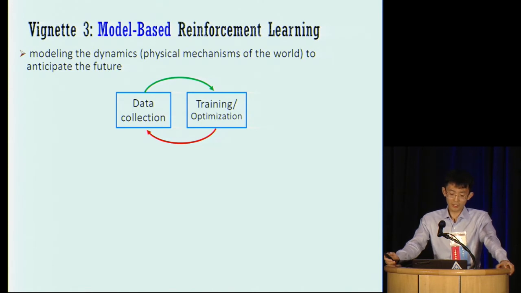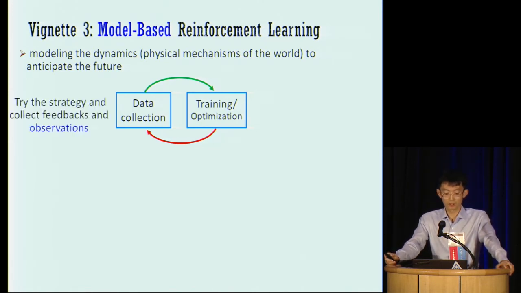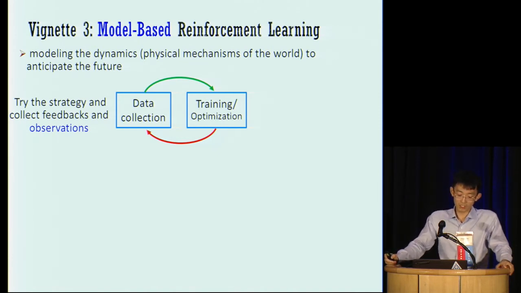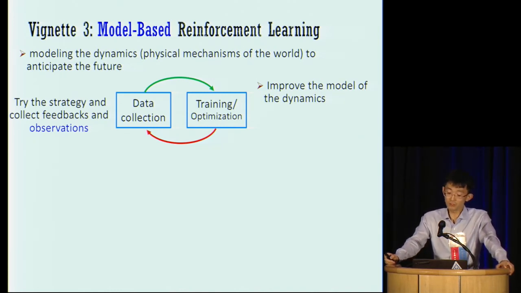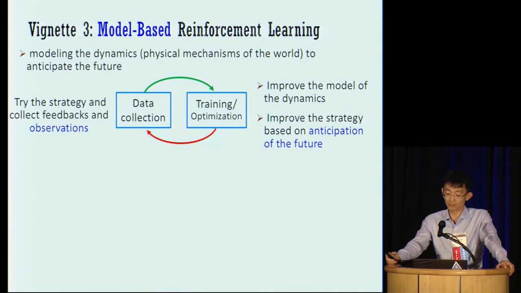And then we can revise this paradigm a little bit. In the data collection phase, we try a strategy and collect feedback and observations of the physical states. Then, based on the feedback and observations, we improve the model of the dynamics, or we improve the prediction of what happens in the future. And then based on this anticipation of the future, we improve the strategy.